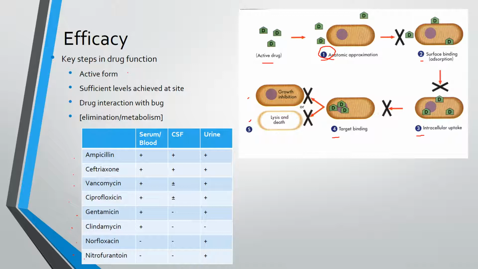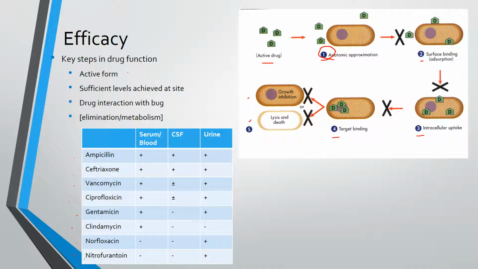So what we're seeing here is you can have an active drug that you give to the patient. It has to go through several steps to make sure that it actually works. First of all, it has to actually reach the site of the infection. It has to be able to be absorbed and is functional against that particular organism.